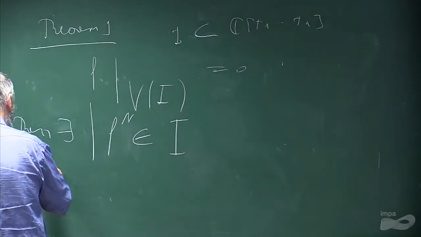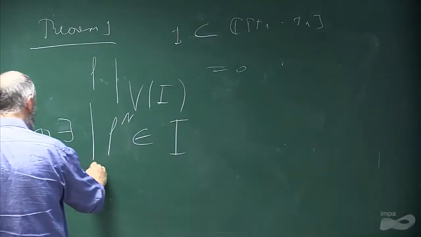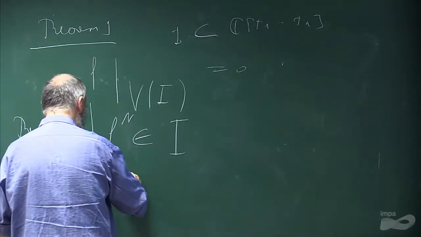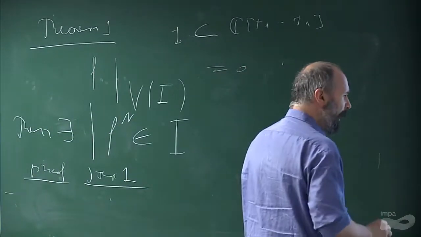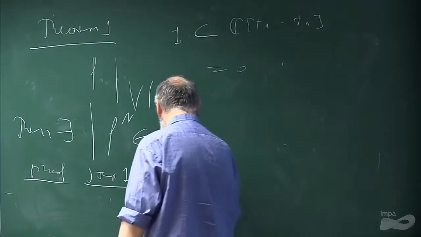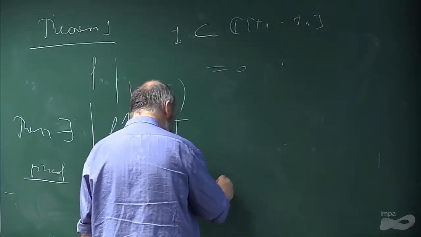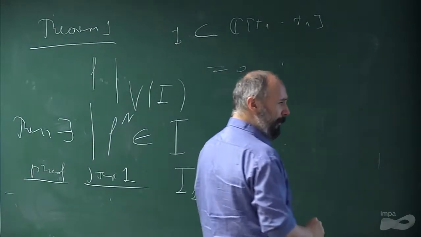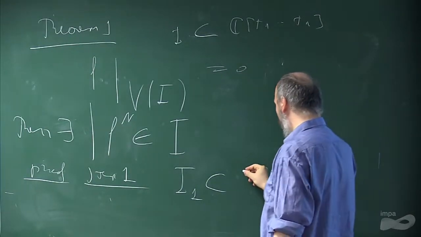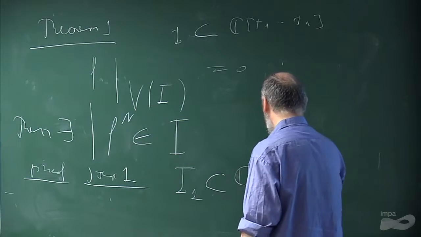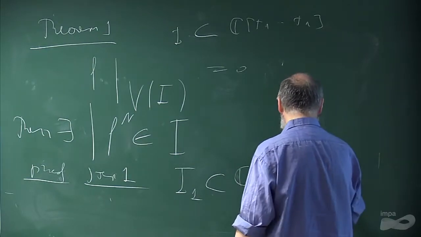So proof, step 1. Okay, so let's add one more variable. So you take another ideal, I1. This is an ideal in a ring, where here you have t from 1 to n, and here we'll have C of t1 to t n plus 1.